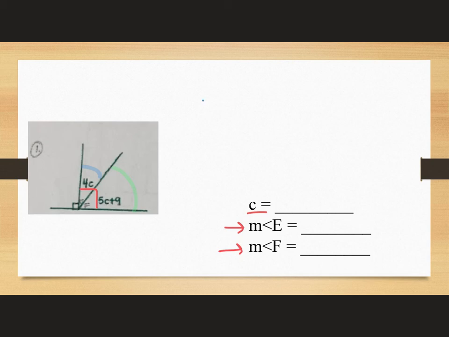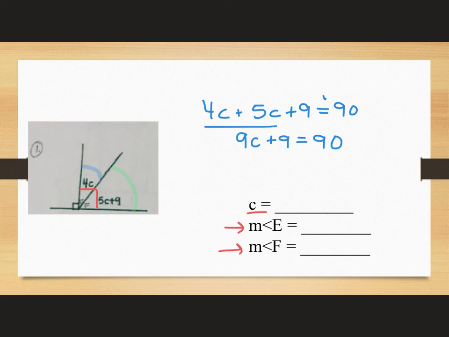Now that we know they're complementary, we know complementary equals 90 degrees. So we can say that 4C, which is angle E, plus 5C plus 9, which is angle F, has to equal 90 degrees. Since we've set up our equation, we can go ahead and solve. First, combine like terms to get 9C, and bring down what we did not use: plus 9 equals 90.